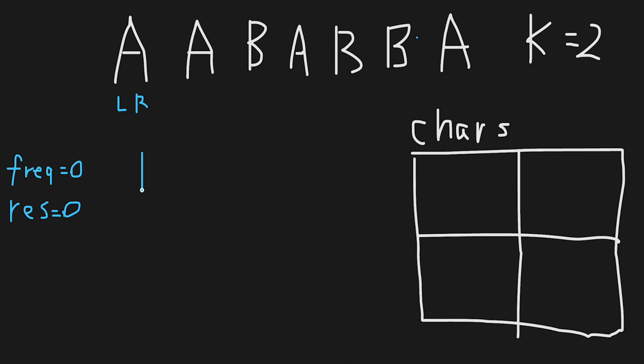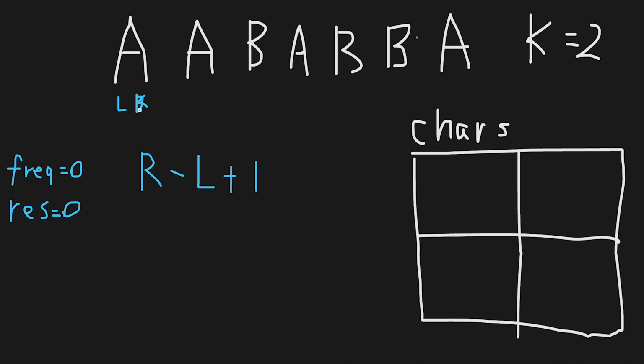There is a formula to calculate the range between the left pointer and the right pointer: right minus left plus 1. For example, now the left pointer and right pointer are both 0. So 0 minus 0 plus 1 is 1. Now we only find A, so this formula should work.